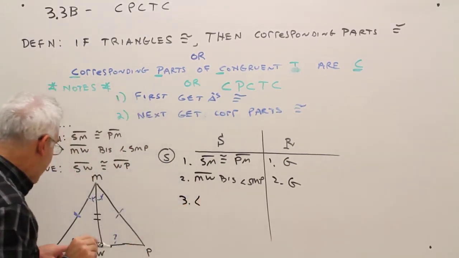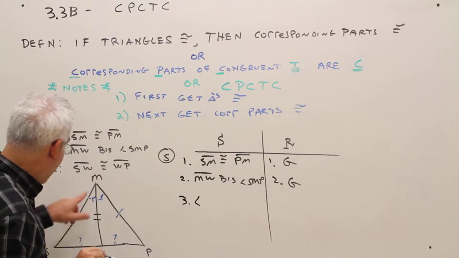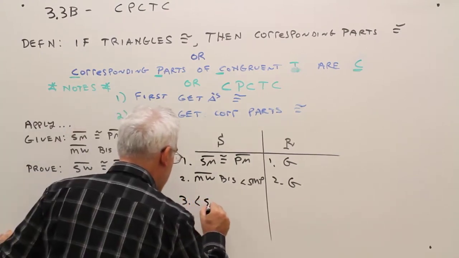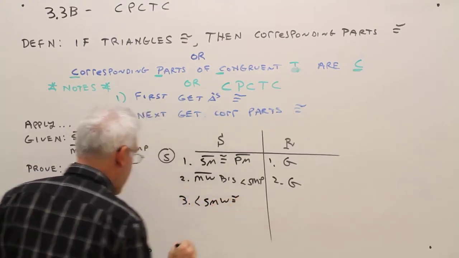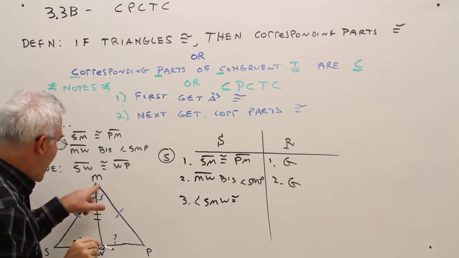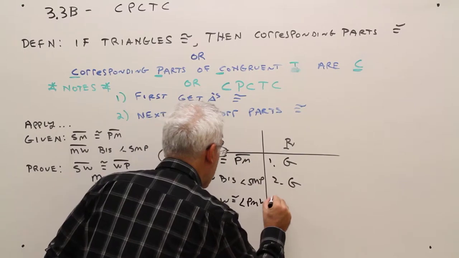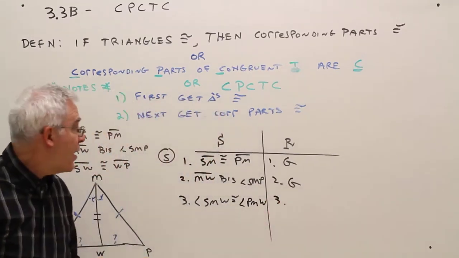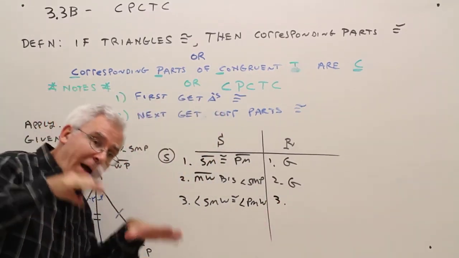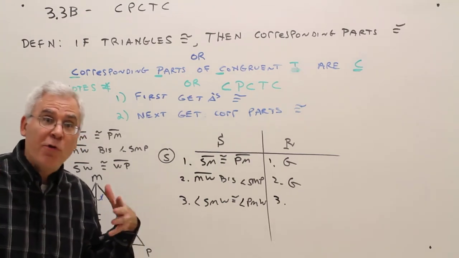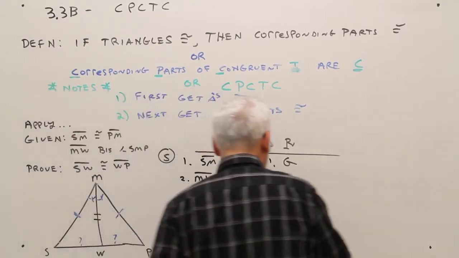Step 3, angle, have to use 3 letters, SMW, congruent to angle PMW. And that would be if a segment bisects an angle, then 2 congruent angles, not segments.